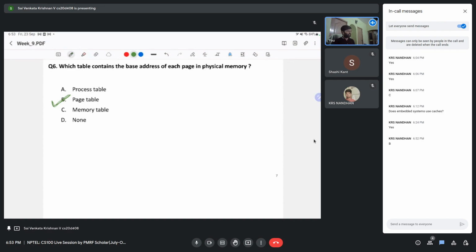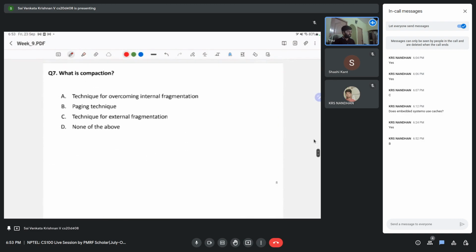There's nothing like a memory table that I've heard of. So A, C and D are wrong. Option B is the correct answer. Any doubts in this question? If not, we'll move to question 7.